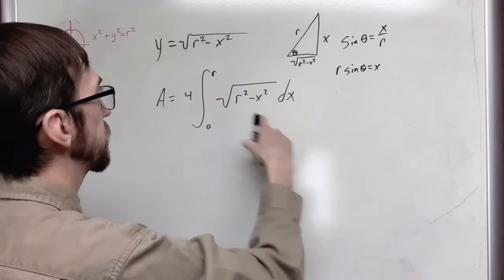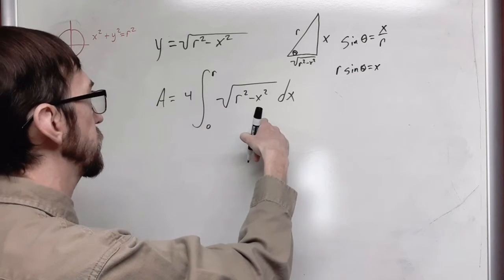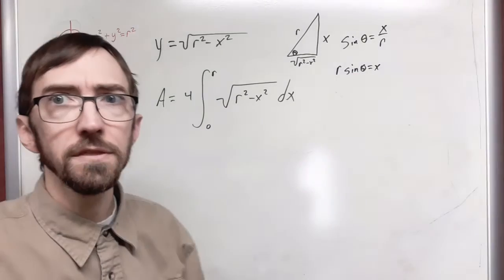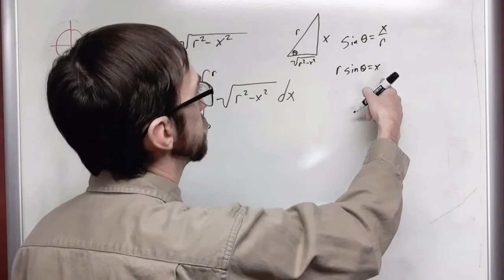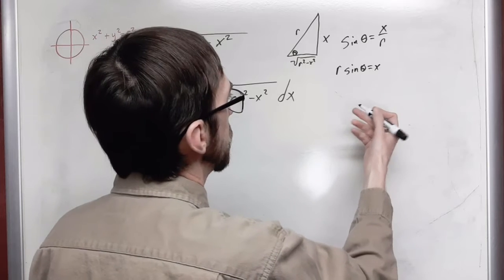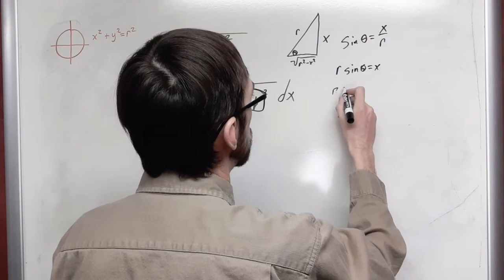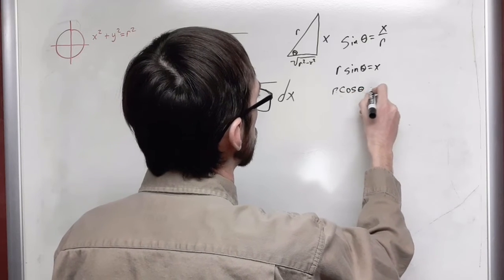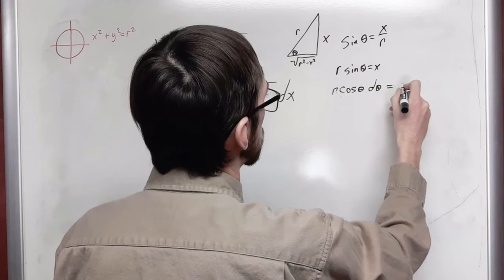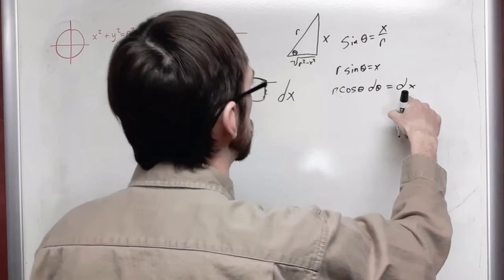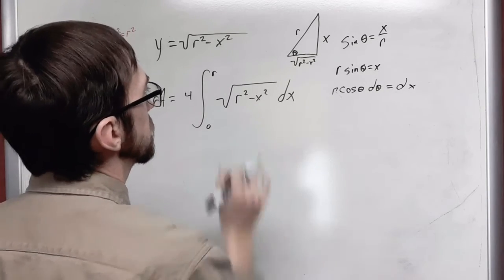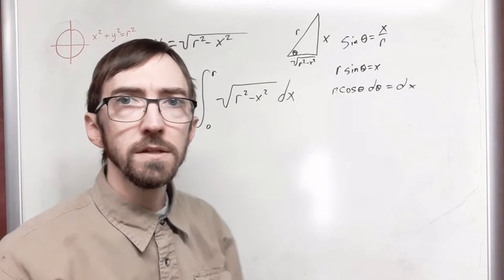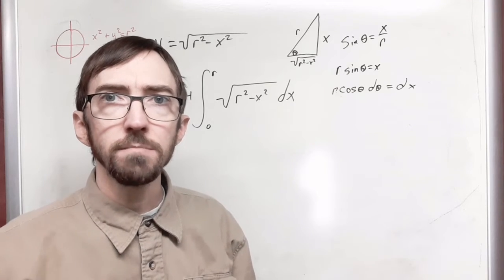If I substitute theta into here, I'm going to want to integrate with respect to theta at that point and not x. And so I can take the derivative of both sides here and get that this is r cosine theta d theta equals dx. And so I can substitute this in for my dx at some point in the future, and so I can change the way I'm integrating.